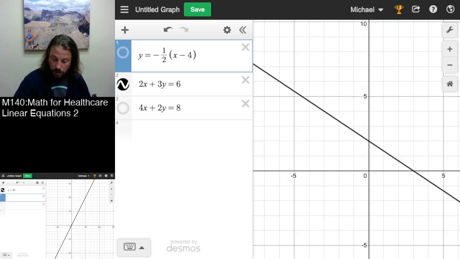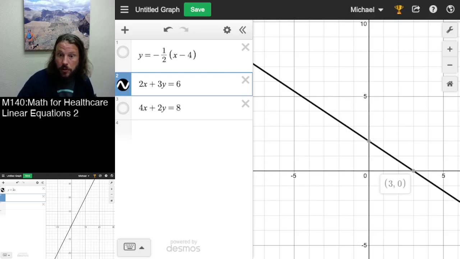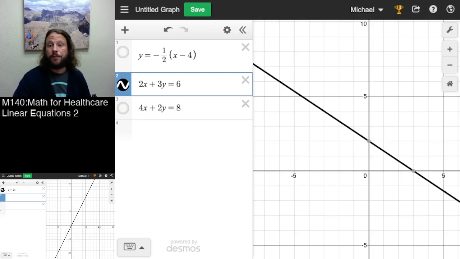So that's good. Let's check our intercepts. We got (0, 2) for our y-intercept, or vertical intercept, and (3, 0) for our x-intercept, or horizontal. Good.